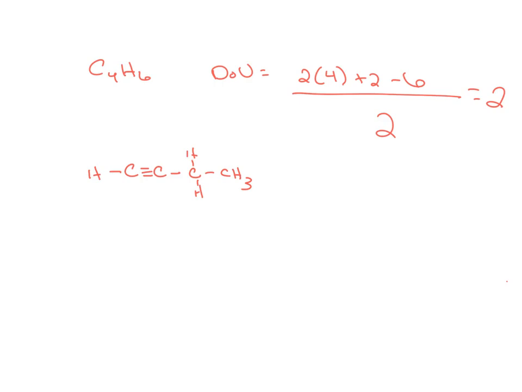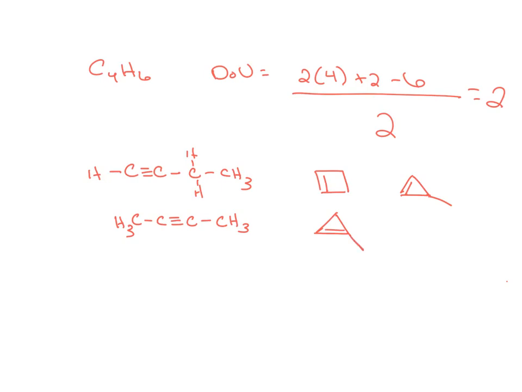I could place the triple bond in between different carbons to look like this. So those are my 2 varieties of alkyne I could have. I could have a ring and a double bond like this. Alternatively, I could have the cyclopropane with a double bond in it and the methyl. And then I could place the methyl on different carbons.